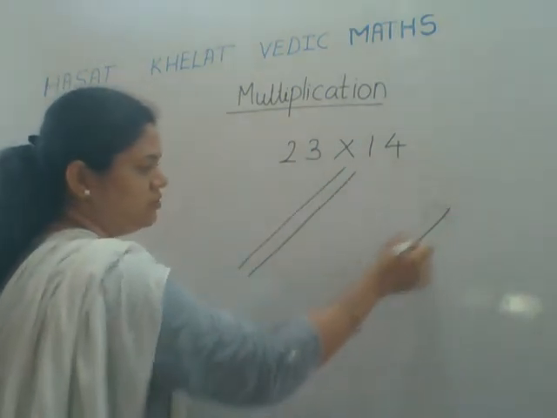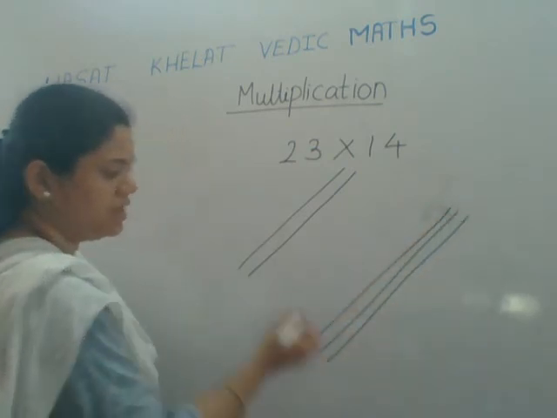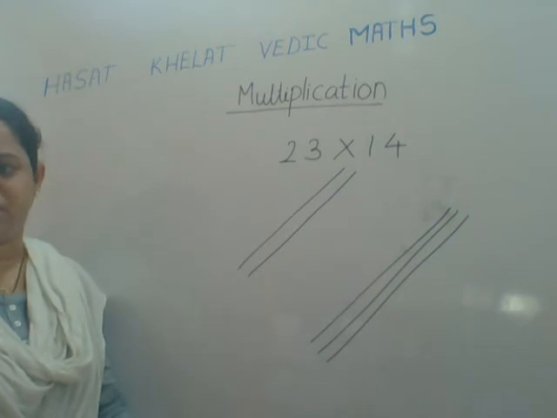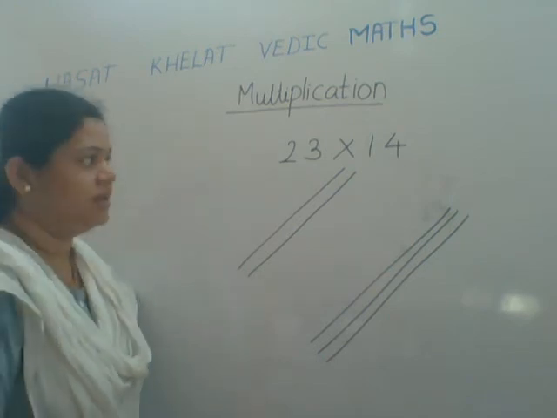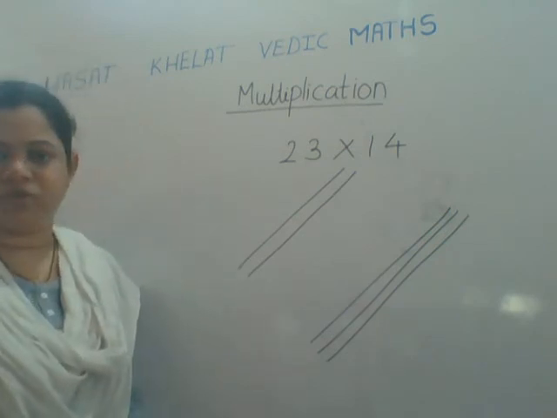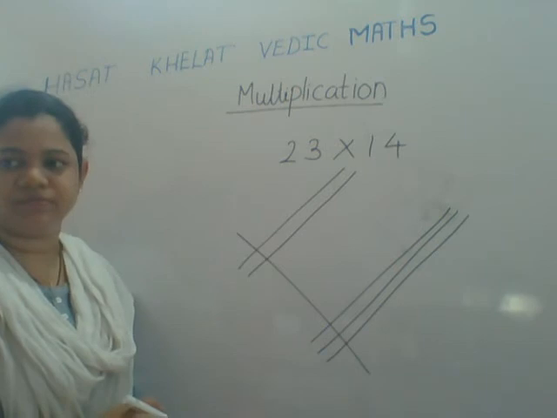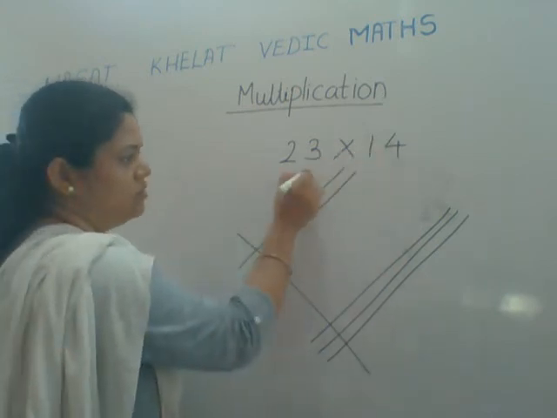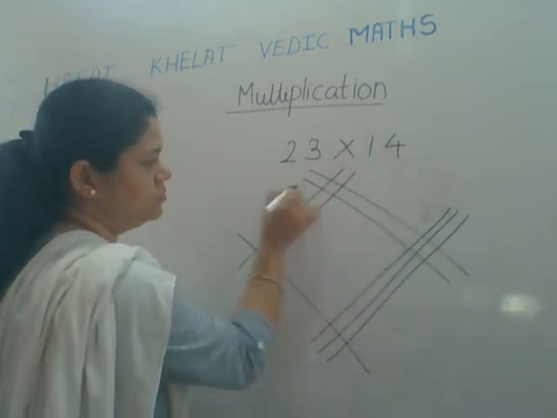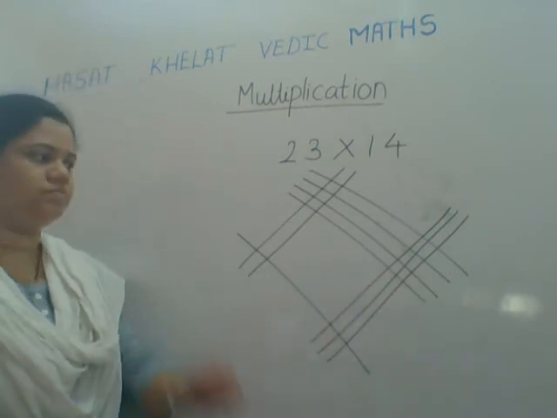Representation of 3, a few distance apart, I will draw 3 lines. Then I have to represent the number 14. For that purpose, one line and 4 lines: 1, 2, 3 and 4. 4 lines I have drawn.